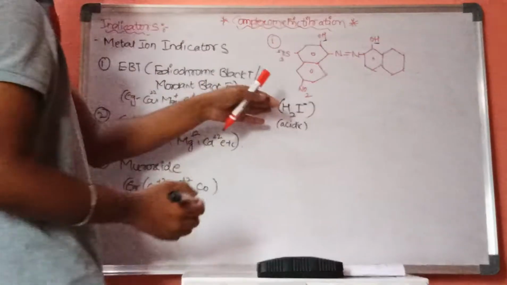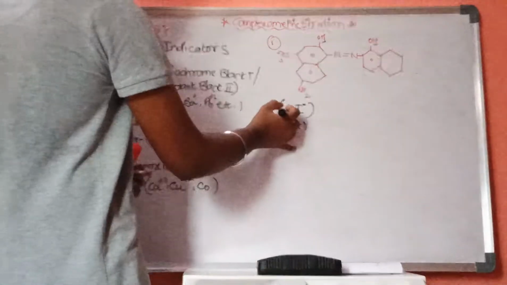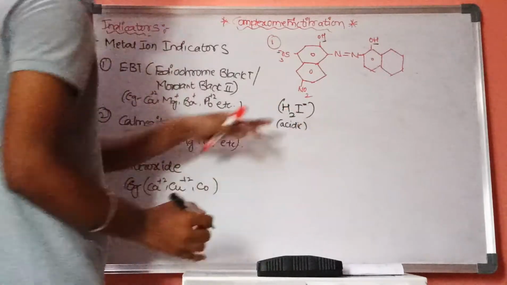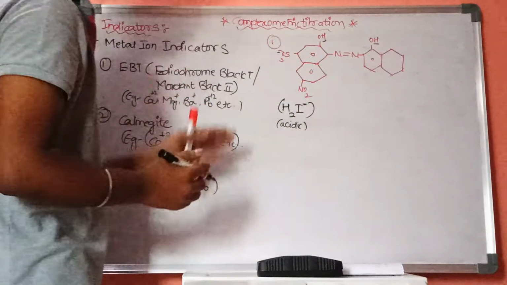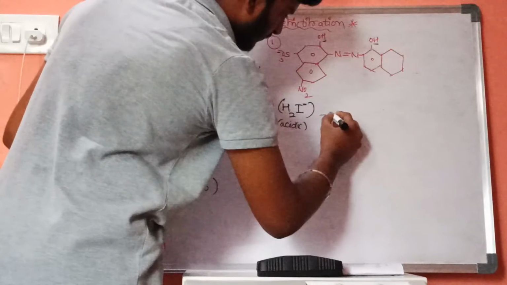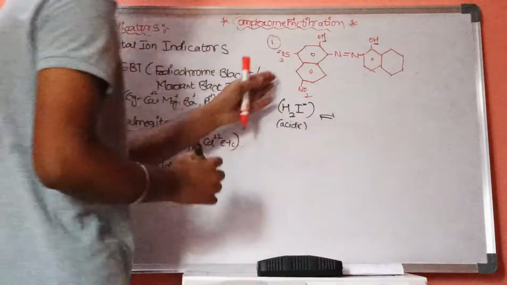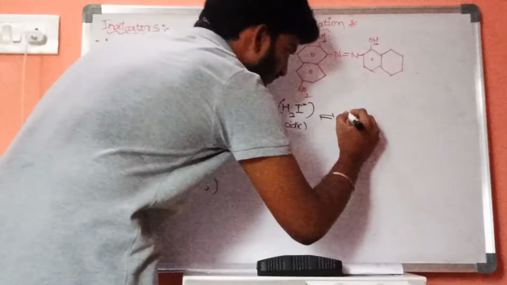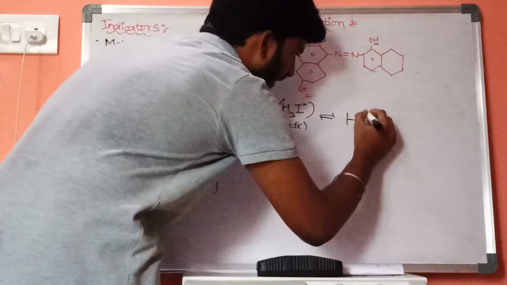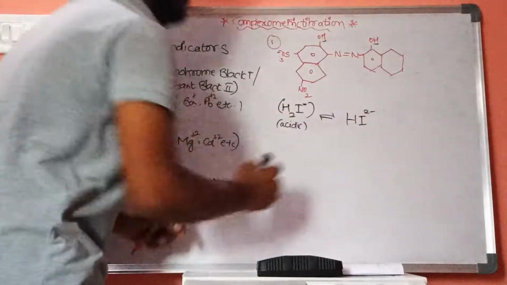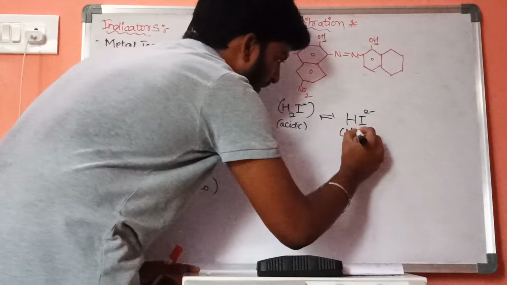This is one negative, H2In minus. Now this is in acidic medium. Whenever the acidic medium gets converted into neutral medium, this H2In minus will get converted into HIn2 minus in neutral medium.